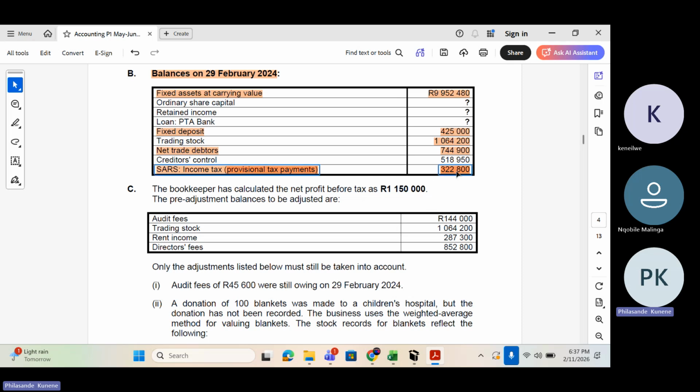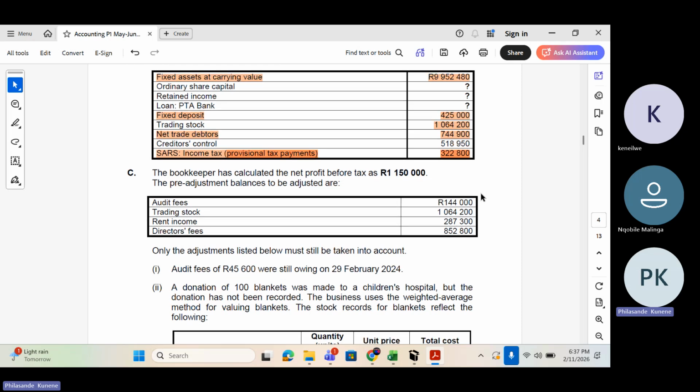SARS is owing us because we paid before time. It's like a prepayment of tax expense. It's like we paid tax before they charged us. That's why we now need to compare what we paid and how much SARS is charging us. Then, with the difference, we make a decision whether it's a liability or not.